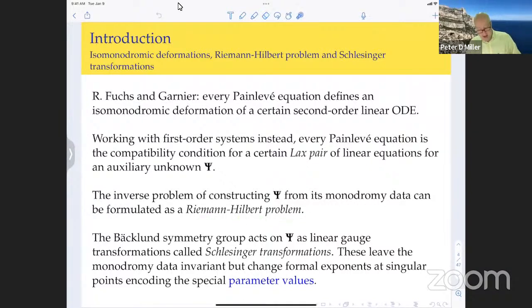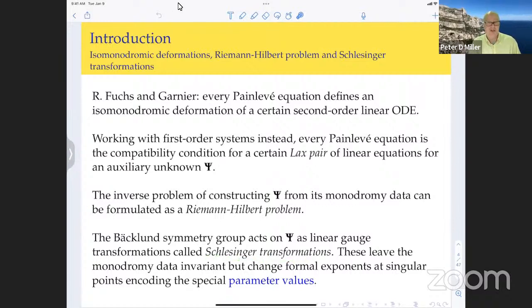And when we think about what's happening now in terms of these symmetries that move the parameters around and also change the solutions by Bäcklund transformations, how does that act on the Riemann-Hilbert problem? Well, it's really acting on this fundamental matrix Psi as a gauge transformation, a linear gauge transformation, and in this setting they're called Schlesinger transformations.